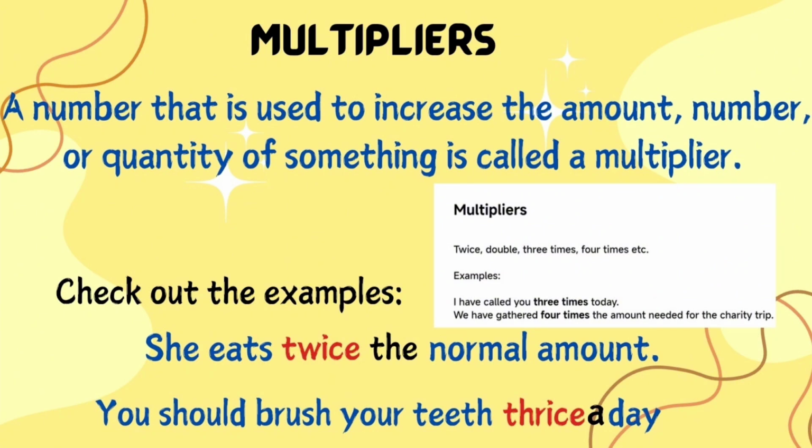The words like twice, double, three times, four times, etc. are called multipliers. So we can see that in the given examples, the articles the and a, that are also determiners, are preceded by the multiplier determiners, that is twice and thrice.